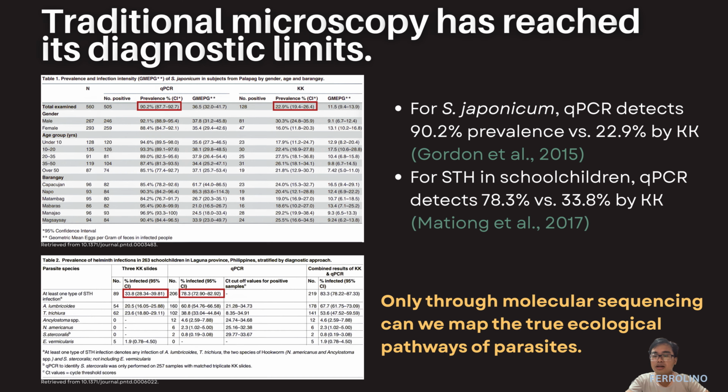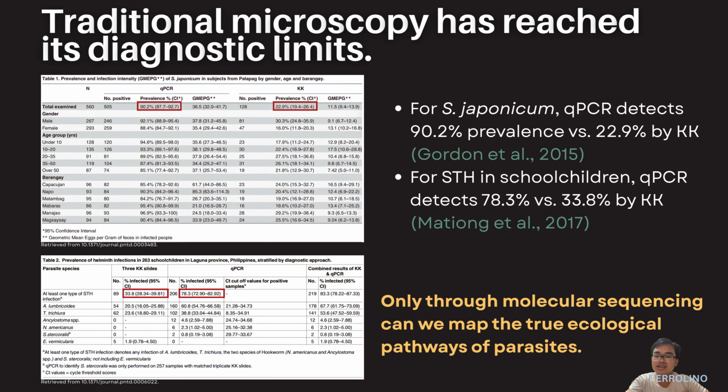So why does microscopy fail? First is that the parasites don't shed eggs every day. If the patient provides a sample on a non-shedding day, then they get a false negative. Second, as noted in the Aula paper, the hookworm eggs lyse or break apart very rapidly after defecation. So if the KK slide isn't prepared and read within 30 to 60 minutes, the eggs disappear.